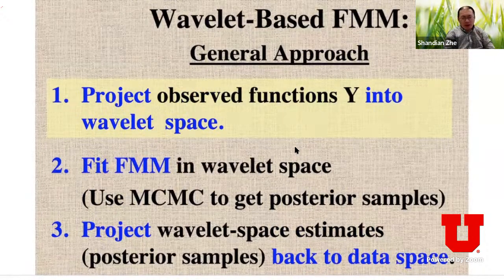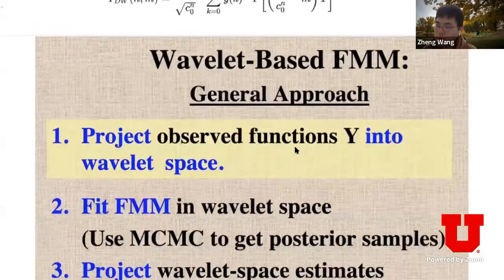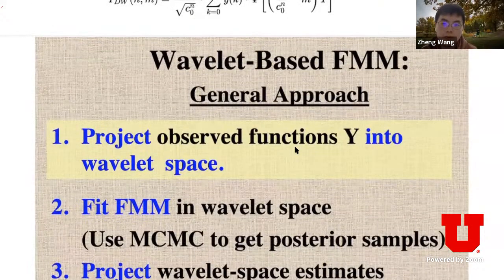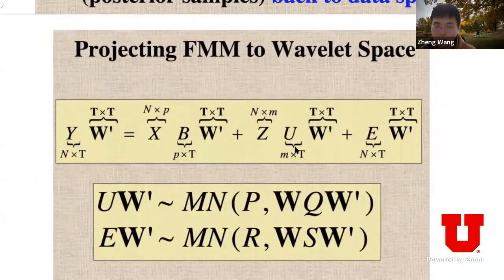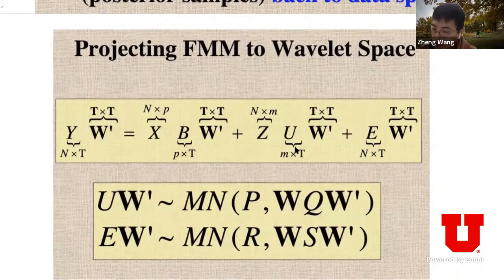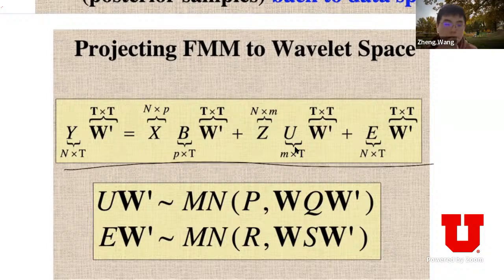What does FMM mean? FMM is functional mixed model. This is the formulation of their model, and they model B and U in a functional way.